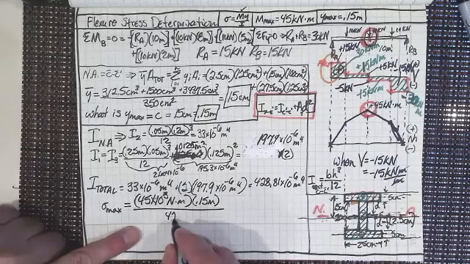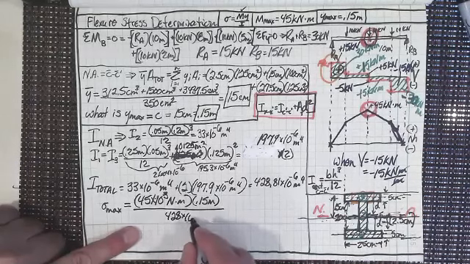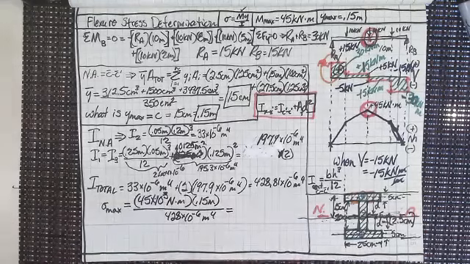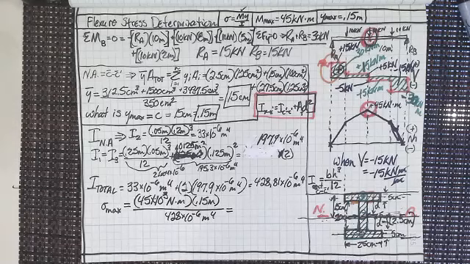It's going to be 428 times 10 to the minus 6 meters to the fourth. So let's throw all of those into our calculator, and I just hope that it comes out to what I have on my sheet of paper here, divided by 428 times 10 to the minus 6.